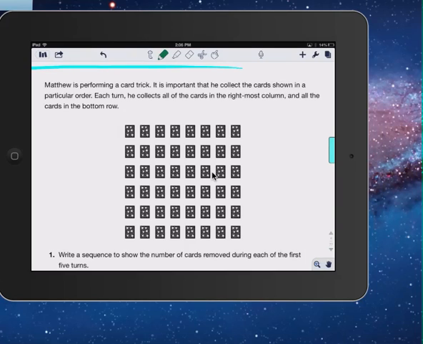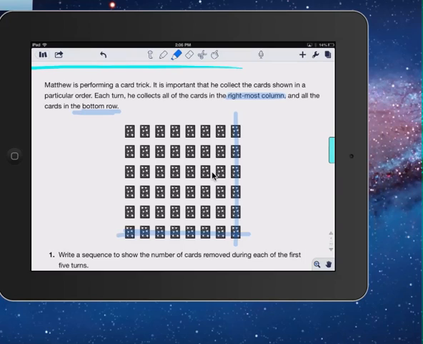Okay, what does it mean? 13. Okay, so that means all the cards in the rightmost column and all the cards in the bottom row.